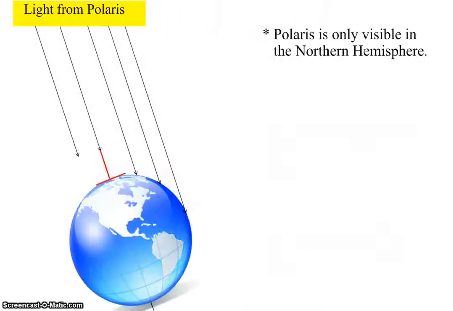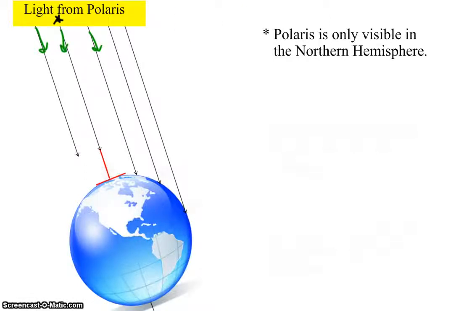The reason it works that way is because Polaris is located right on top of the Earth's axis. But it's so far away that when light from Polaris gets to the Earth, it basically is all coming in from the same direction because Polaris is so far away.